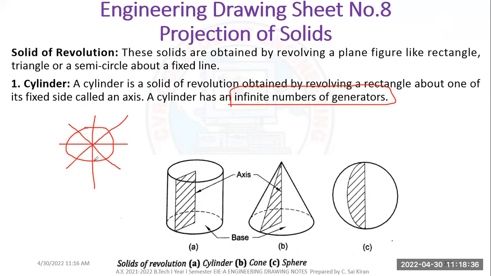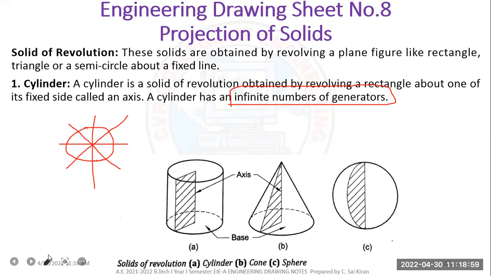If you divide at a distance of 1 mm, then I can divide into 0.5 mm. If you give 0.5 mm divisions, I will make it 0.1 division. If you give 0.1 mm as a distance division, then I will give it as 0.001 mm. So like that, there are an infinite number of generators.